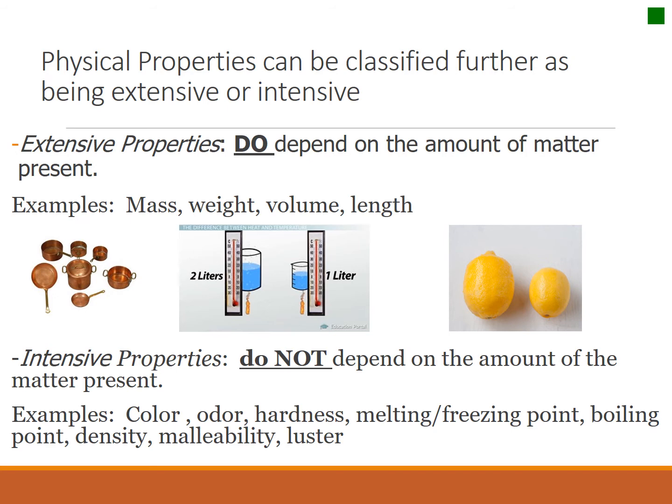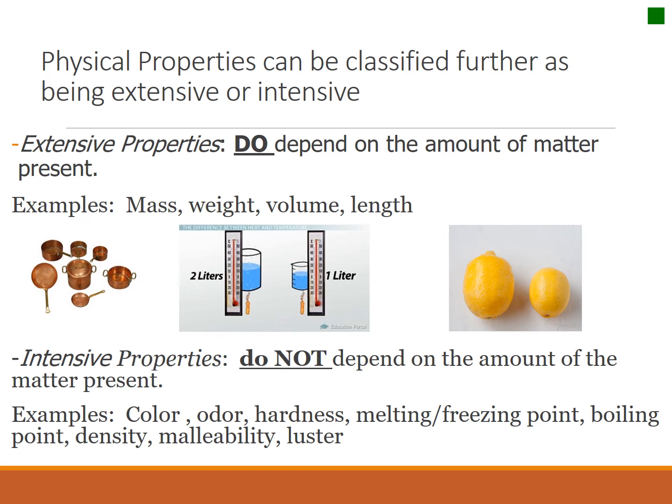Weight is affected by the size of an item. Volume is affected by the size of an item, as is length. If I take a look at these copper pots and pans, they're obviously going to have a different mass, a different weight, a different volume, a different length. Once again, that's because they're of different sizes.